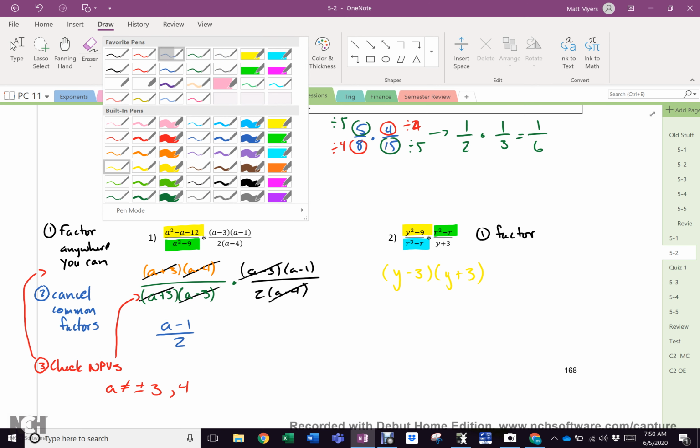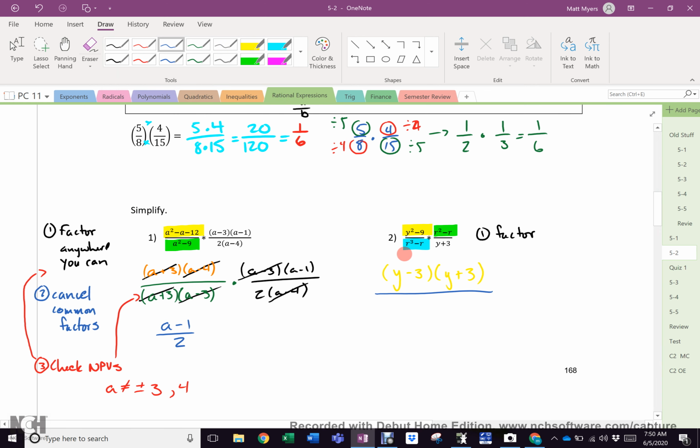Then I'll use blue. Factor out an r, and I get r squared minus 1. But that factors again, so I'll do that separately. 2, and then in green, r minus 1 over, and then y plus 3 is just y plus 3.